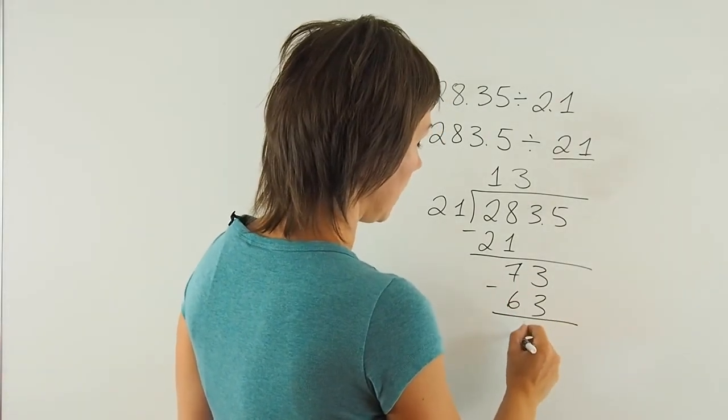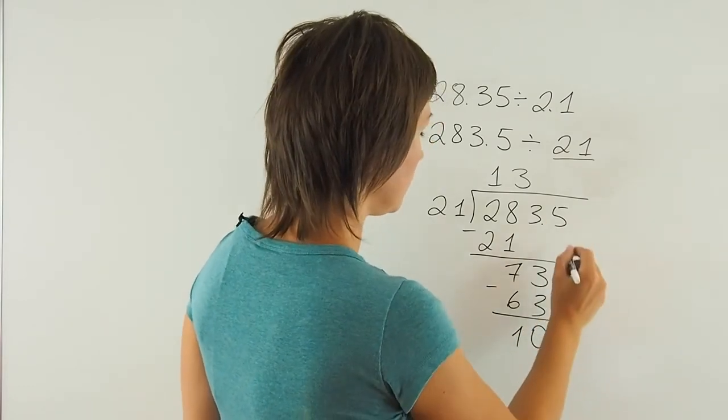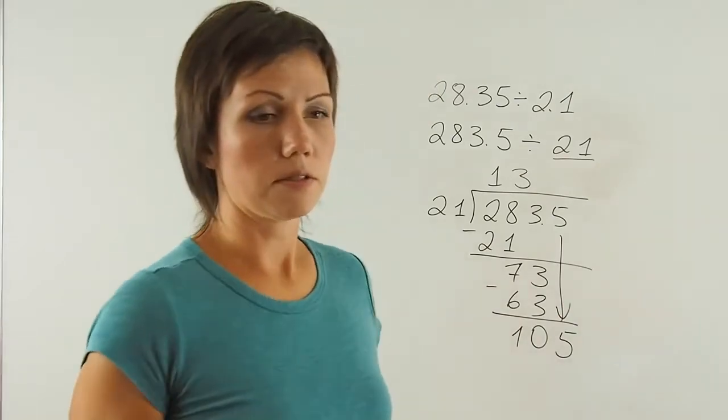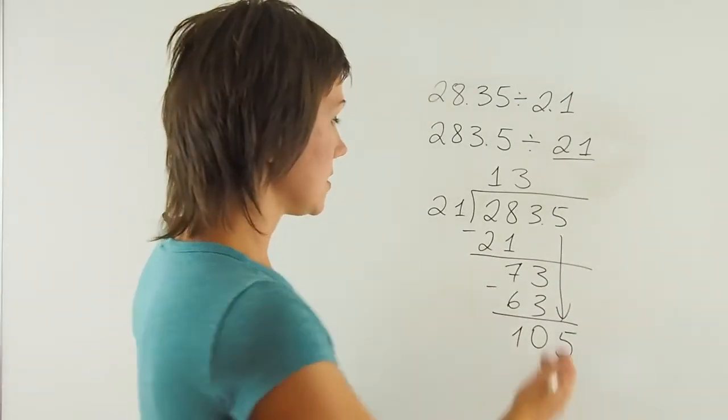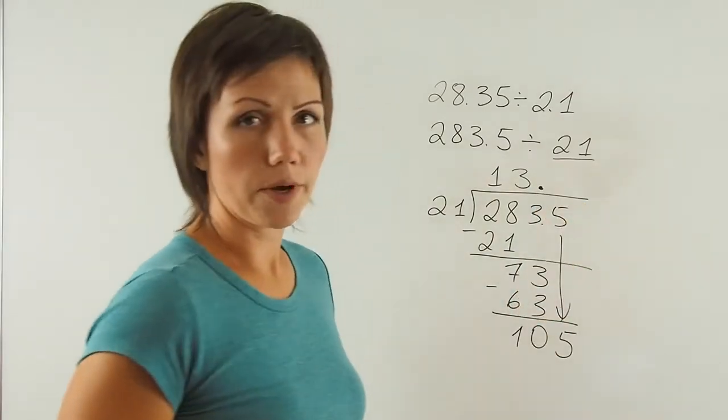And I will obtain 10, and then 5 goes down to the bottom. And since I'm done dividing the whole part, I need to place the point here.